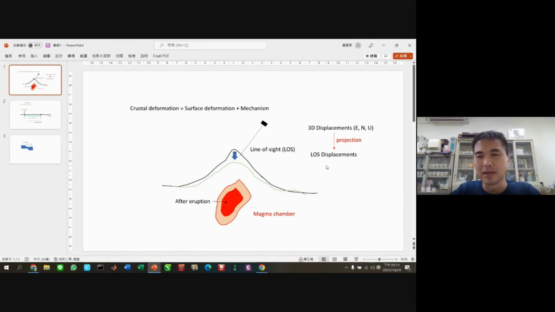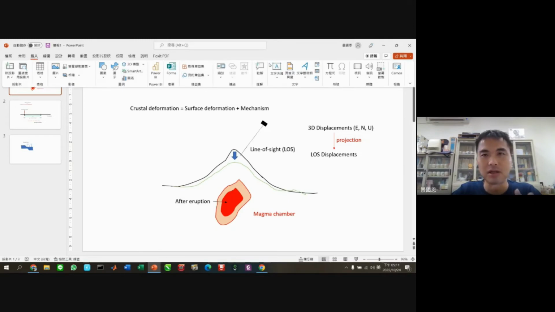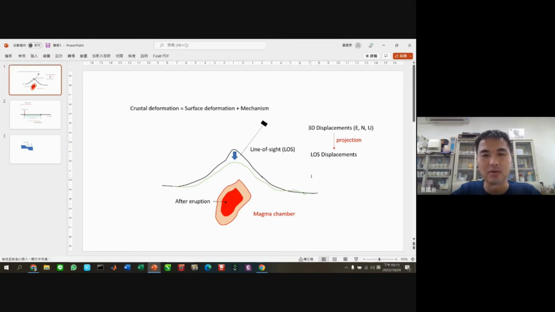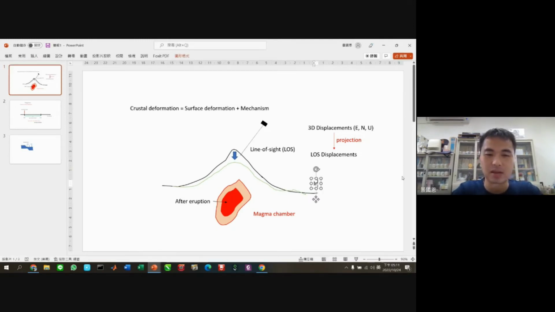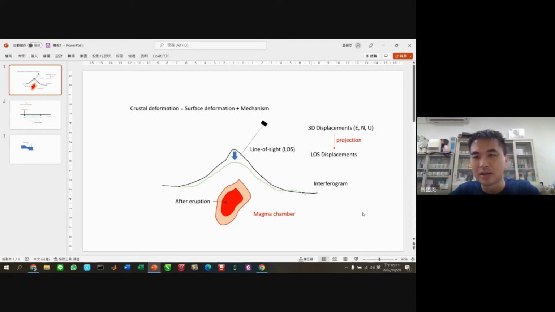However, how do we get the line of sight displacement? We usually get it from interferometry. I always have problems with spelling.